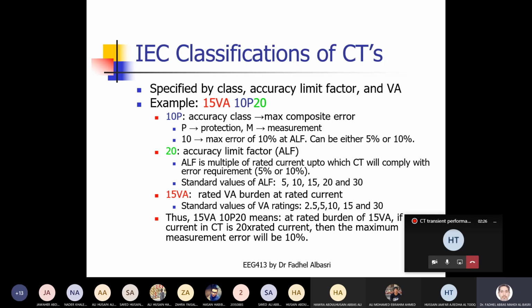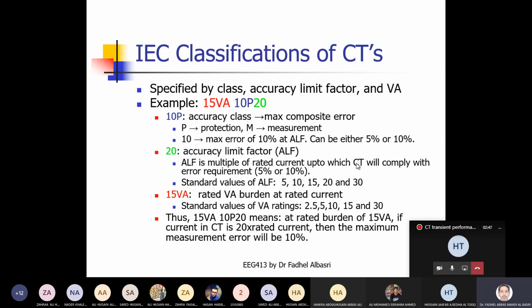Today, inshallah, my plan is to finish the CT performance at steady state operation, and also I'd like to cover the transient CT performance.